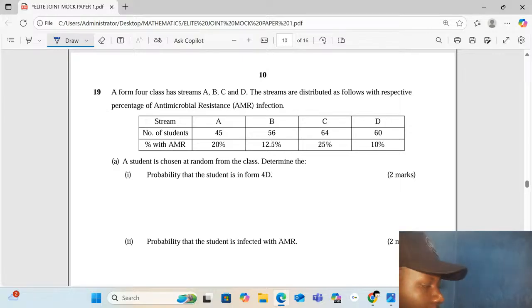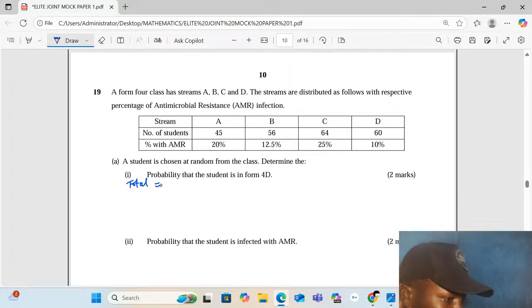Now they want you to find the probability that the student is in Form 4D. So we have Form 4A, Form 4B, Form 4C, and Form 4D. The number of students is, as you can see, 45, 56, 64, and 60. So the probability that the student will be in Form 4D, we find first the total number of students.